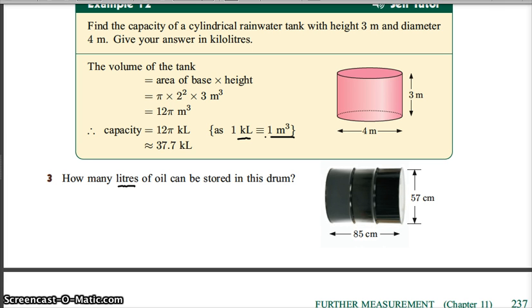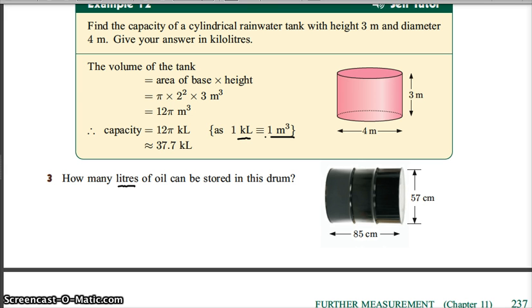But kilolitres aren't necessarily what we're after. We're after litres, okay? And so we might have to scroll a little bit further up to find a conversion thing. Now, are you meant to know the conversion charts? No, you're not. They'll be given to you, all right?